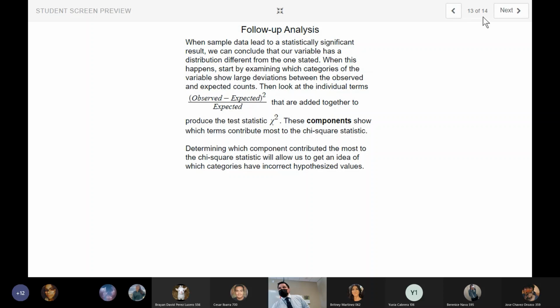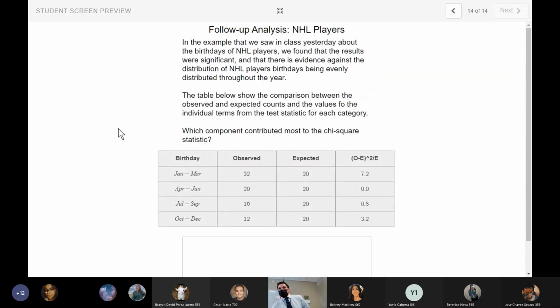So to put this into an example, we saw this example yesterday in the lesson with the hockey players, and there was a claim that hockey players born earlier in the year have an advantage. They'll be more successful just because they get more coaching, they're a little more mature than the people they play against, they get more playing time, all that stuff.